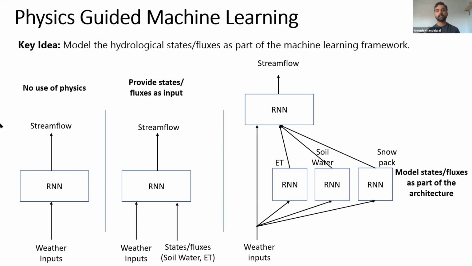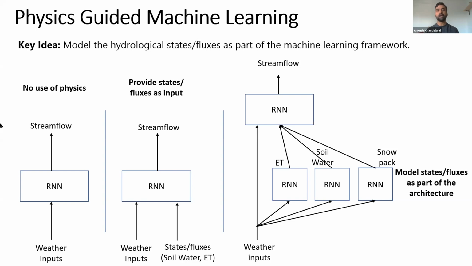For example, in this architecture, we are using weather inputs to first learn ET, soil water, and snowpack with different LSTMs, so that they can all capture different temporal scales and things like that.